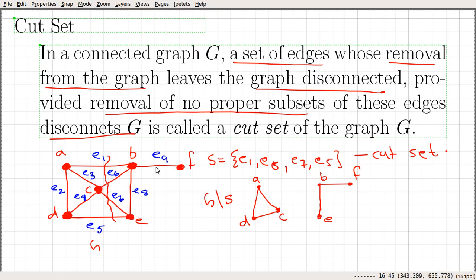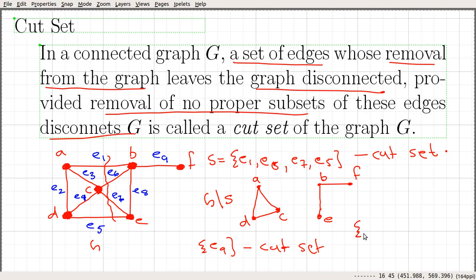Again, if you consider the set E9 and delete E9, the graph will become disconnected. We have this component and this component. It is a singleton set, so there is no proper subset. So this is also a cut set.